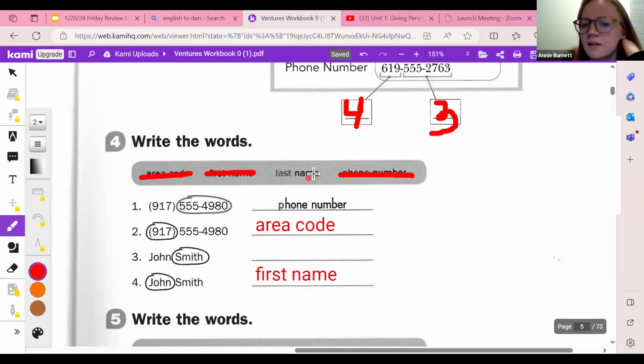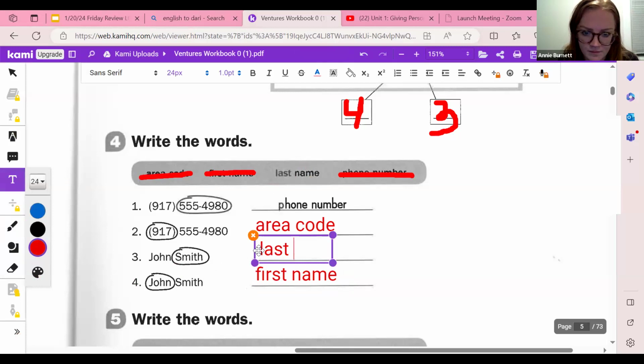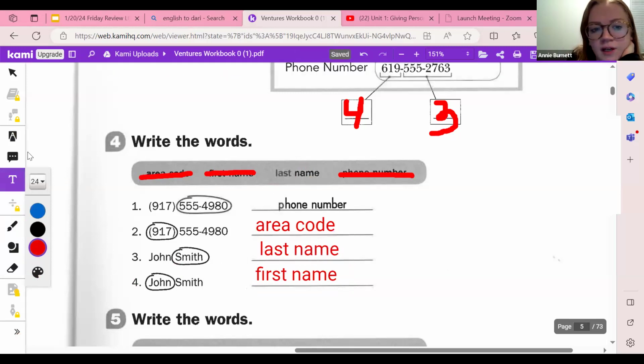And the last one goes here, last name. Okay. Exercise 4, finished.